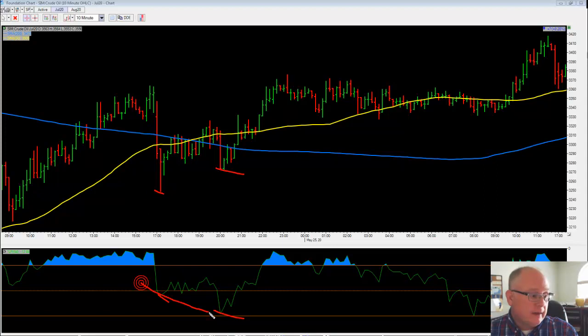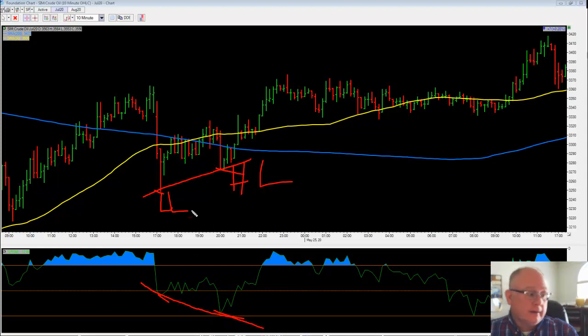We're going to look at that one and that one. So this is coming down and this is going up. What we see is a divergence here. You have a divergence between this low and this low right here. This is the lower low and this is a higher low.